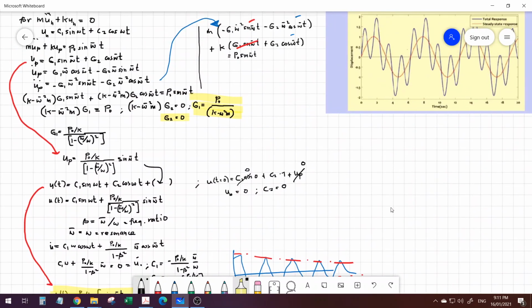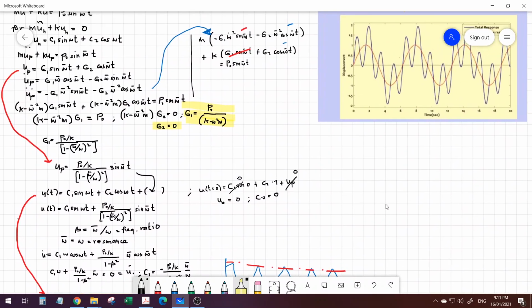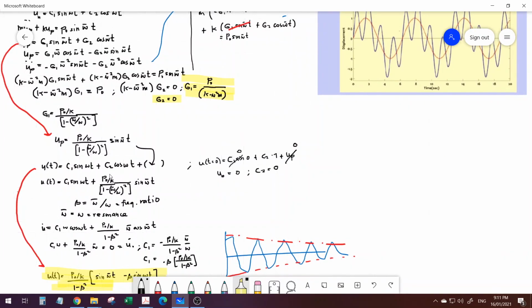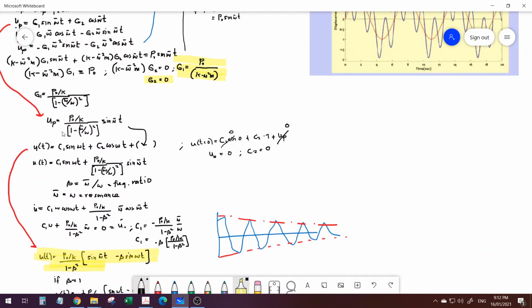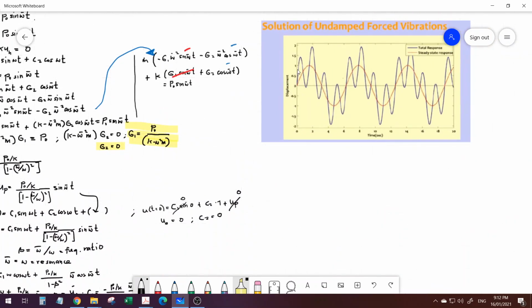And since we will add that with the transient response, this one here, transient response, the total response will be this, the blue.